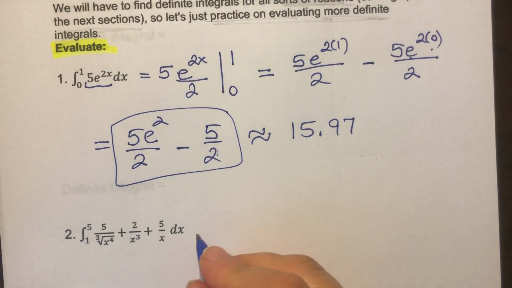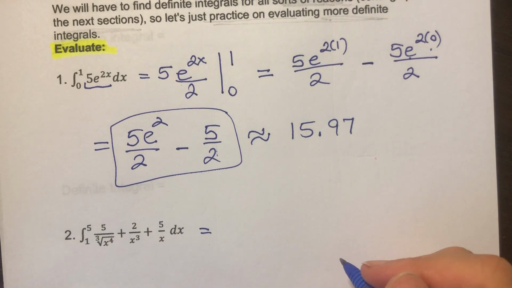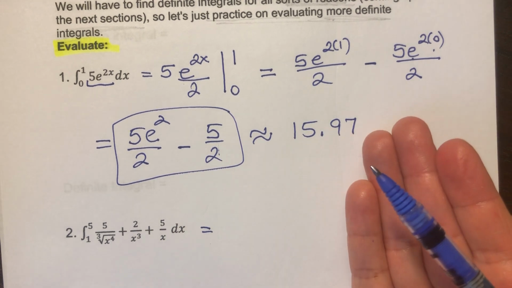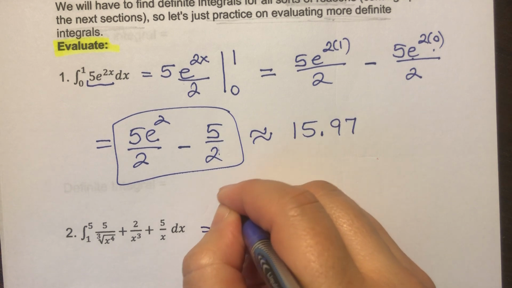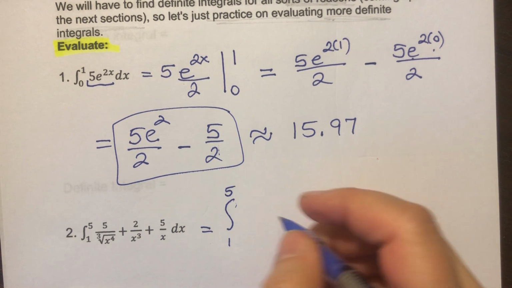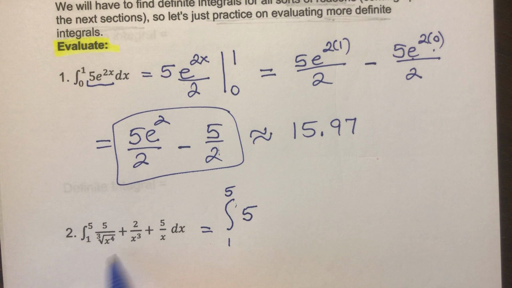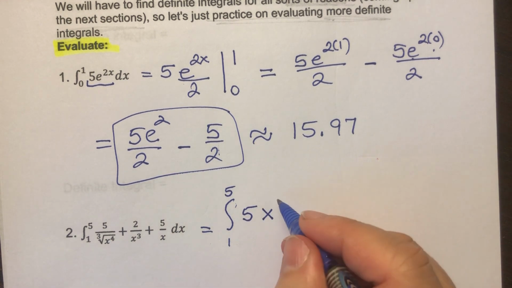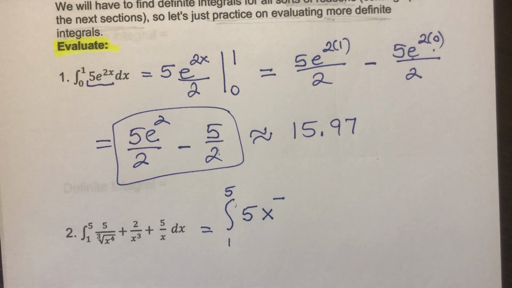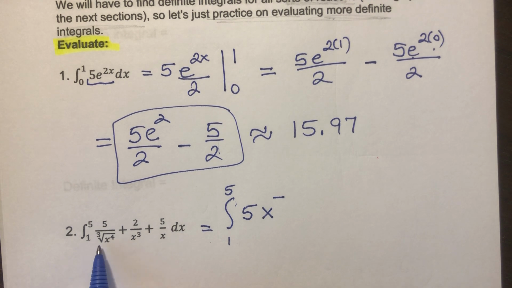Okay, well, this looks fancy. What should I be doing with this function? If I want to find the antiderivative of it, I better fix it. So I'm just rewriting these values. That's a 5 over. This x, again, I'm going to bring it to the top by putting a negative exponent to it. And how do I rewrite the cube root of x to the 4th?